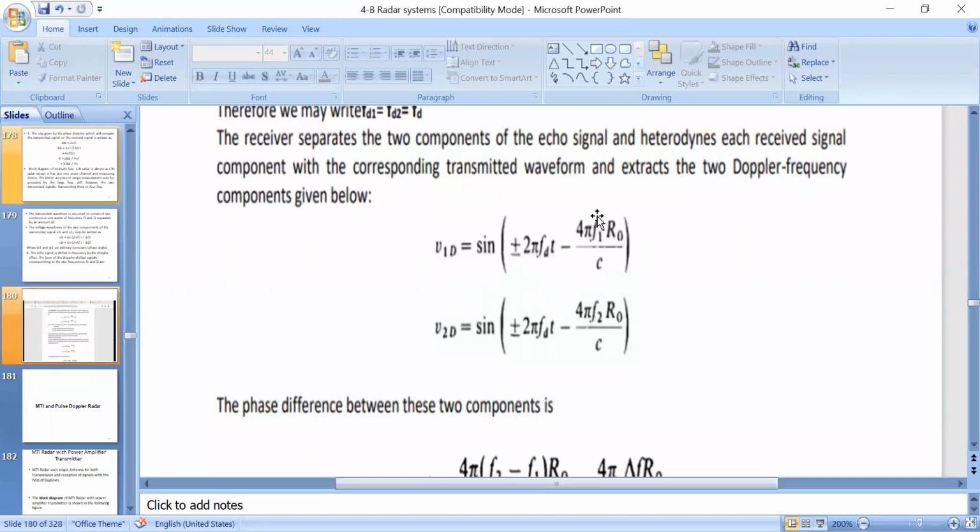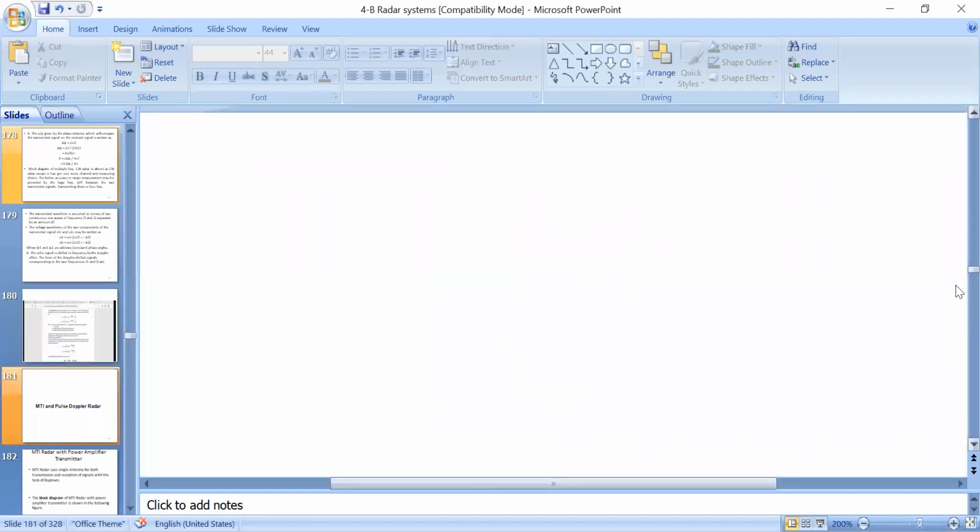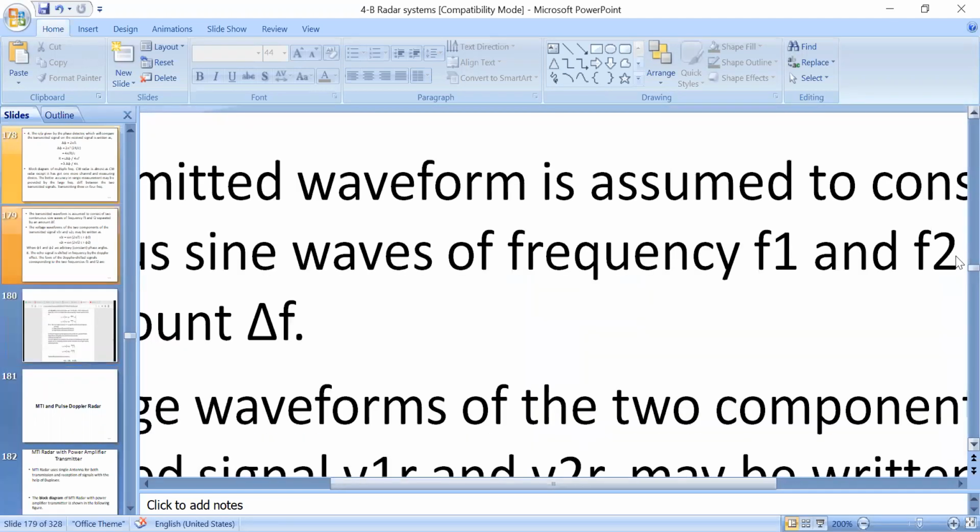The receiver processes that information, and the phase difference between the two components is calculated using the phase detector: 4 pi (f2 minus f1) R0 by c, that is 4 pi delta f R0 by c, where R0 equals c delta phi by 4 pi delta f, which is what I already showed in the last slide, right?